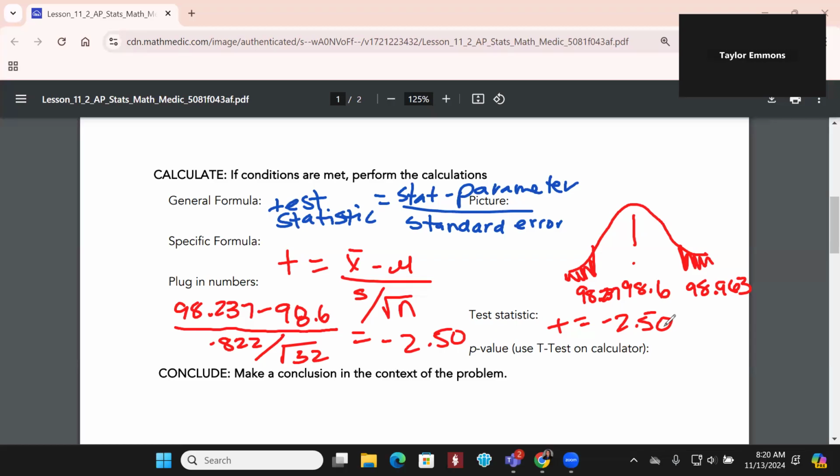Your X bar is 98.237. Your standard deviation is 0.822. Your N is 32. Ta-da! Your p-value is 0.018.